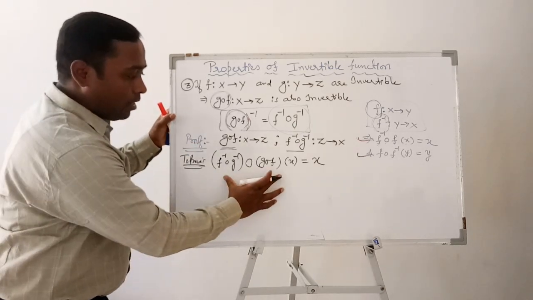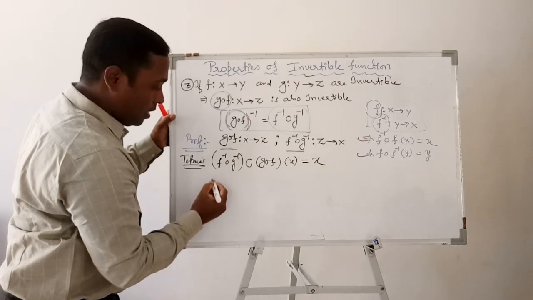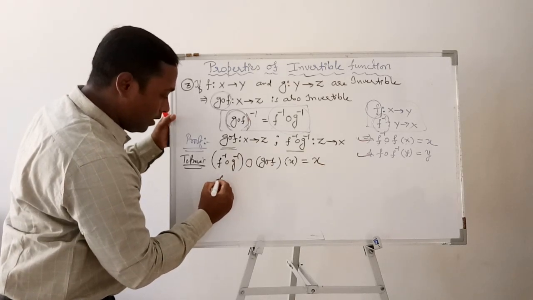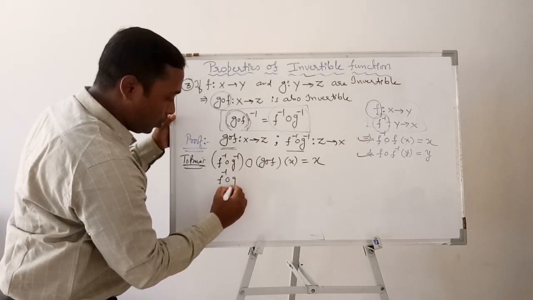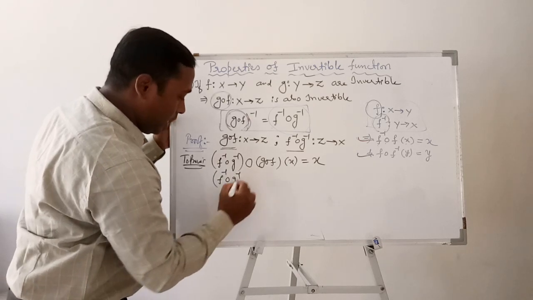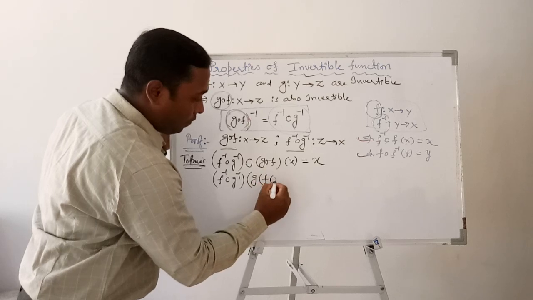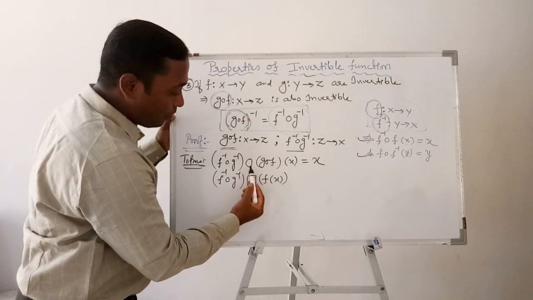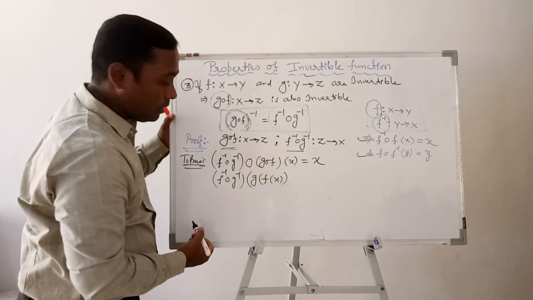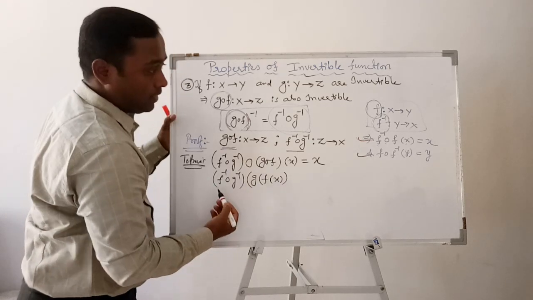So now I am taking the left hand side to prove this. I can write f inverse circle g inverse of g of f of x. As you know, we can eliminate these circles. Now what is f of x?